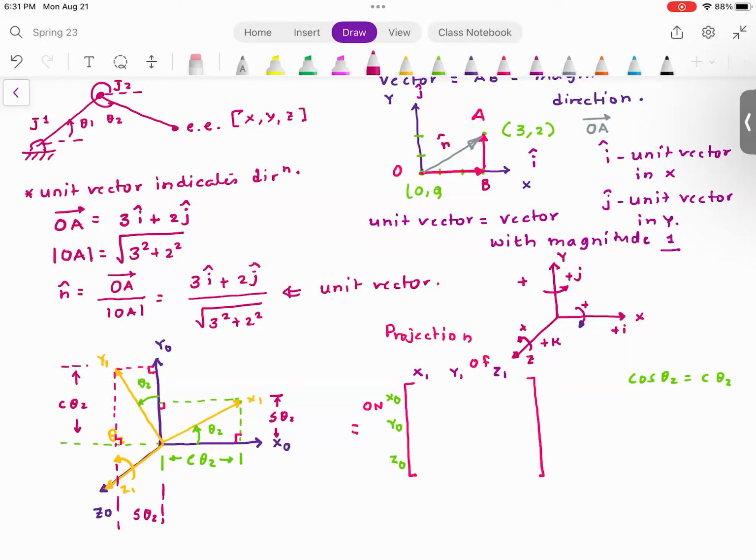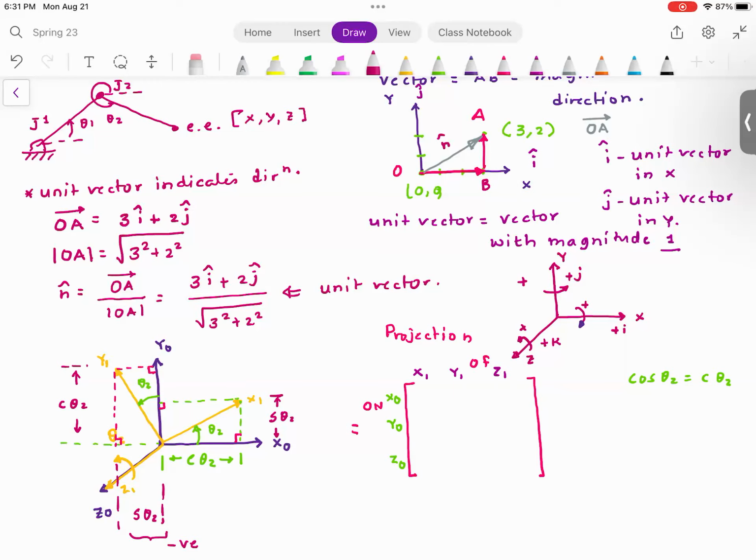Now please note this term is negative. Why? Because whenever you find the projection, you have to look at the direction of the arrow. This arrow is going towards the left, which is the negative direction of x0. So this sine theta z has to be negative.